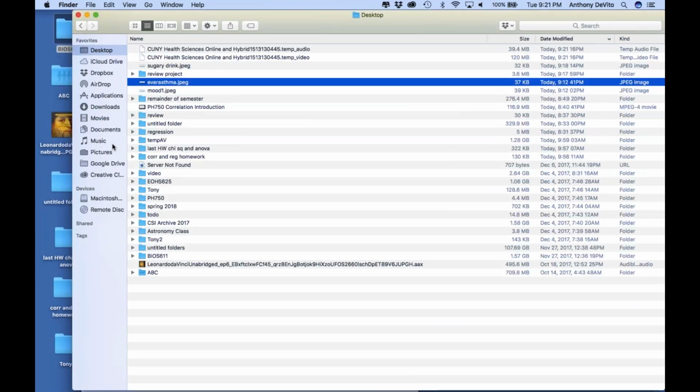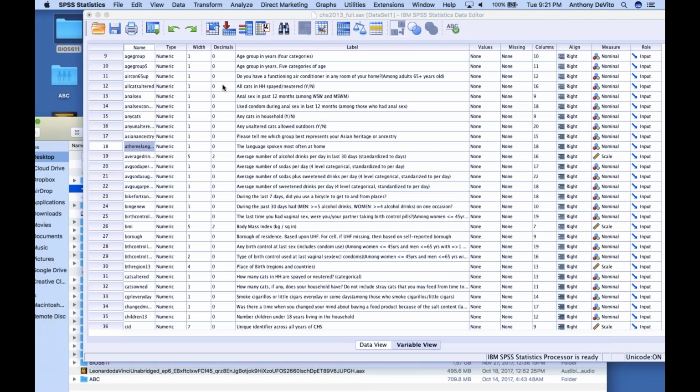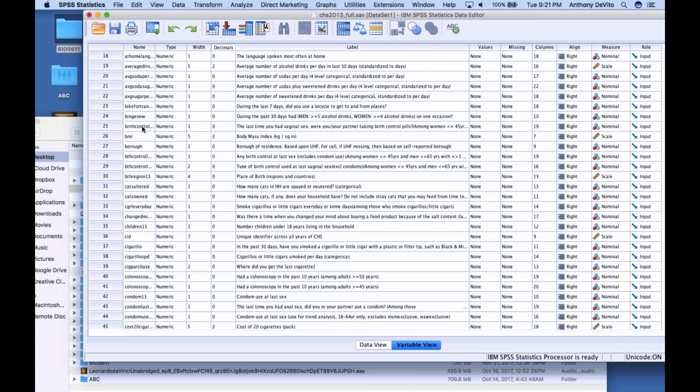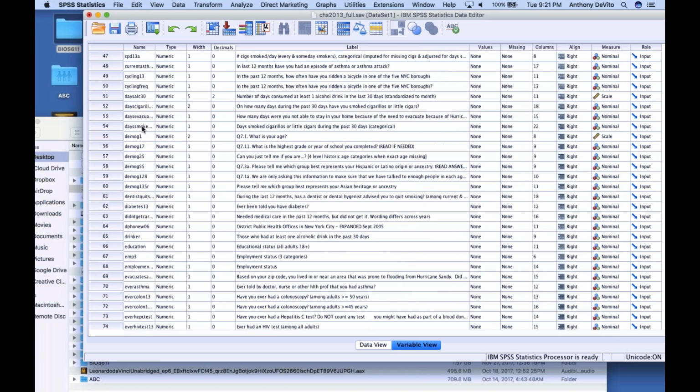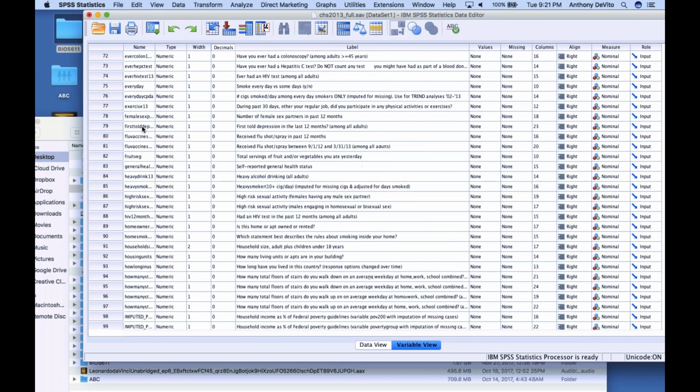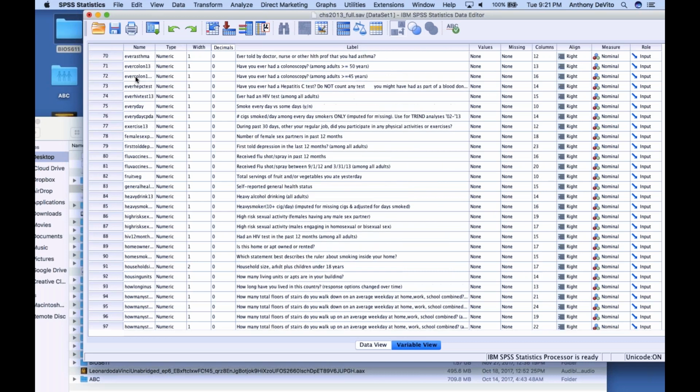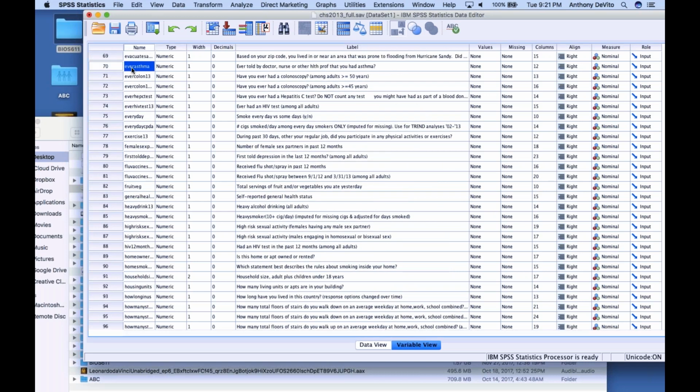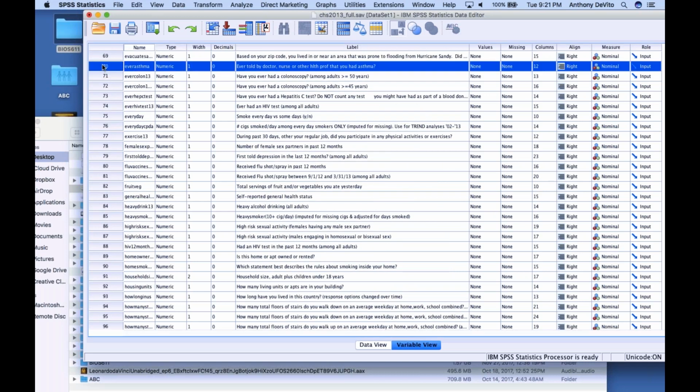Okay, ever asthma is the name of the variable. I want to find ever asthma. And where is it? Here is that variable. It's the 70th variable across.